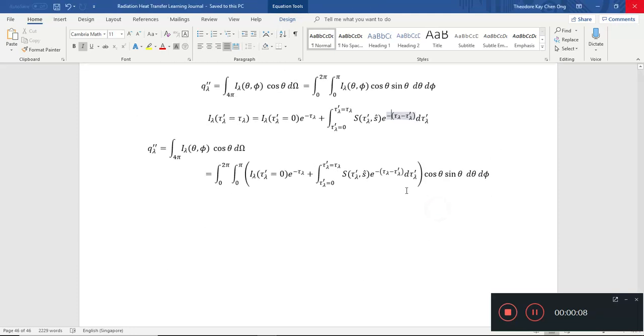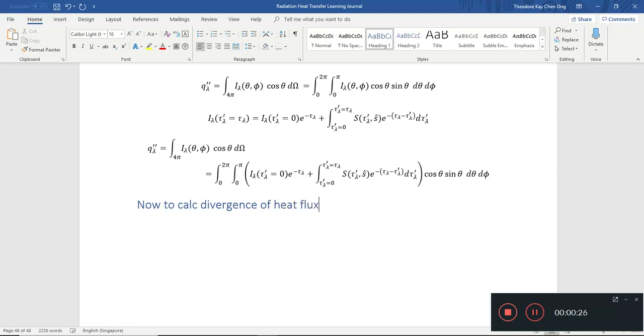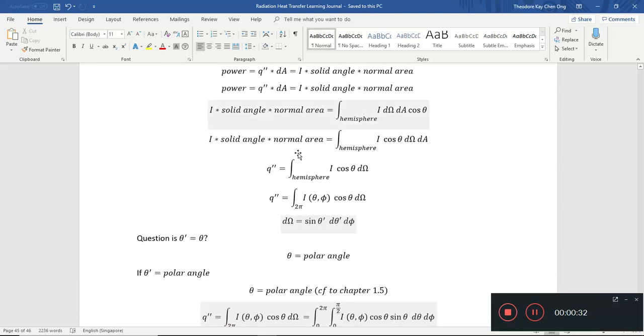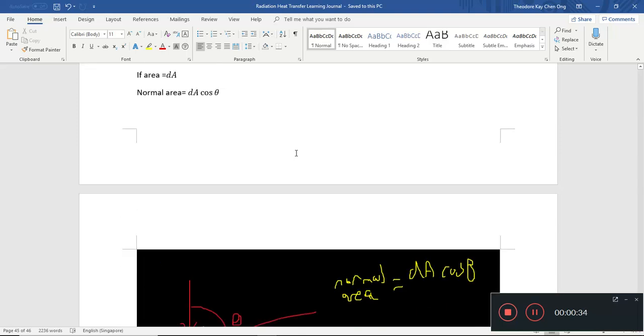So in the last video we talked a little bit about heat flux, right? And this is how one would calculate heat flux. Again, the physical meaning of all these symbols here was already explained. Now we want to calculate the divergence of heat flux, whose physical meaning is the volumetric heat output per unit volume.